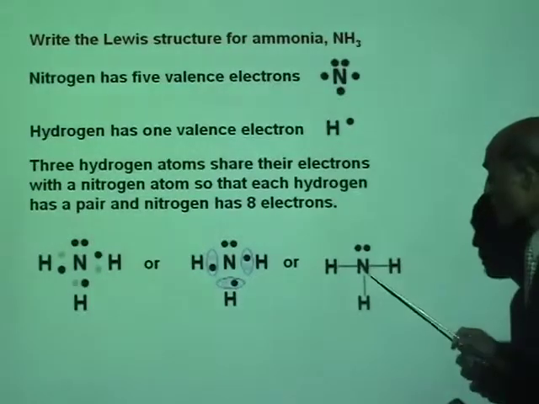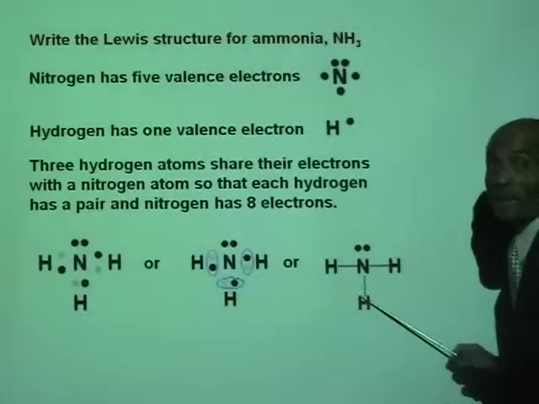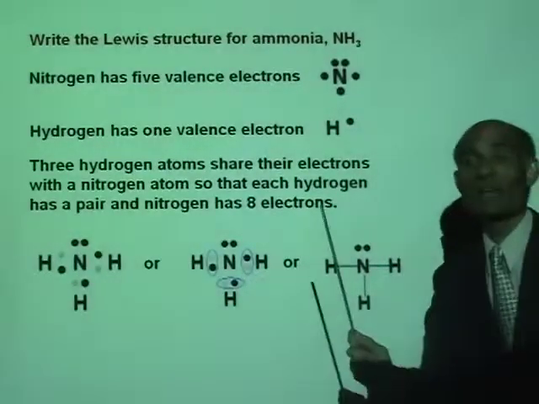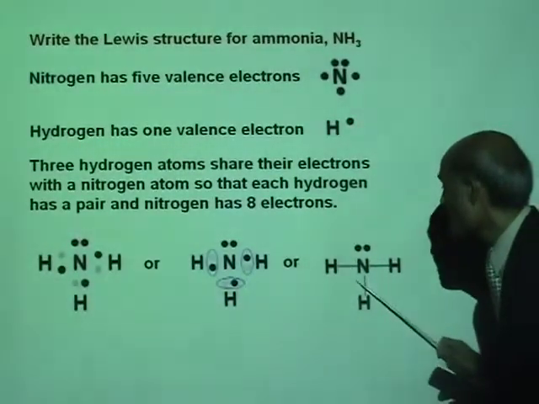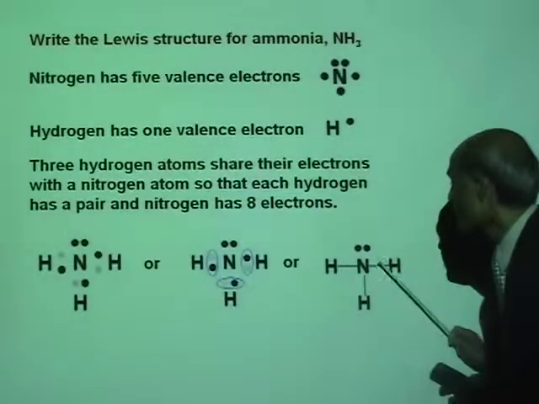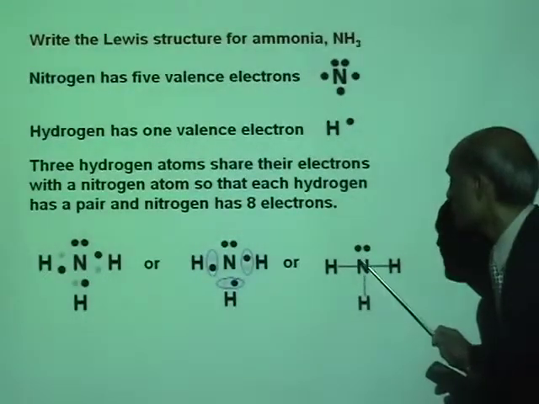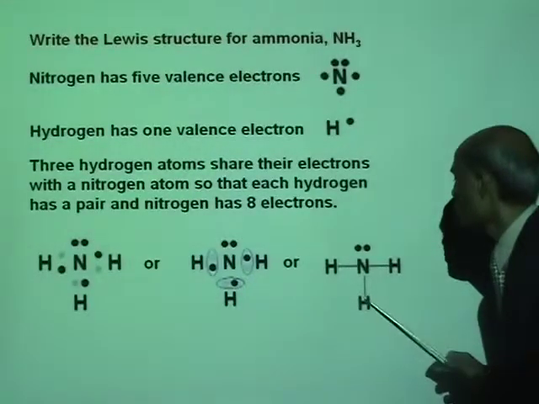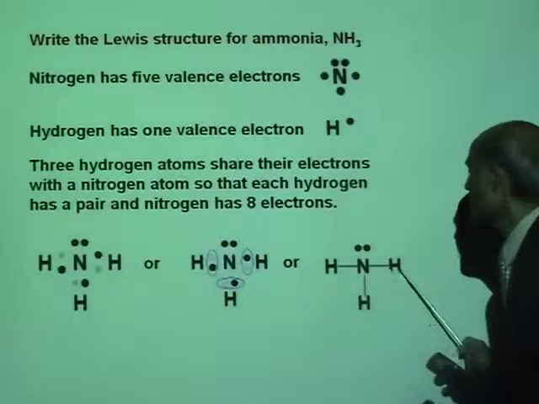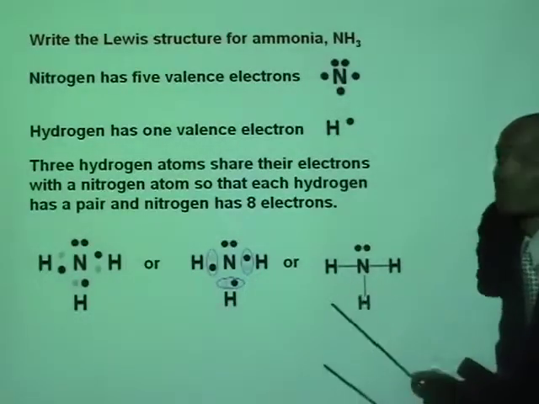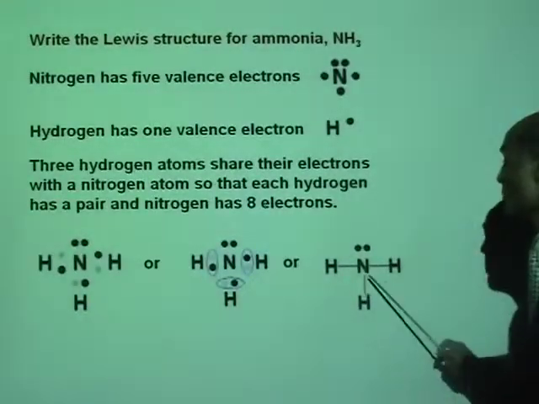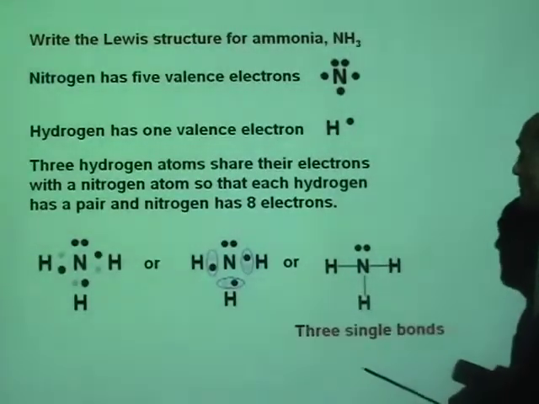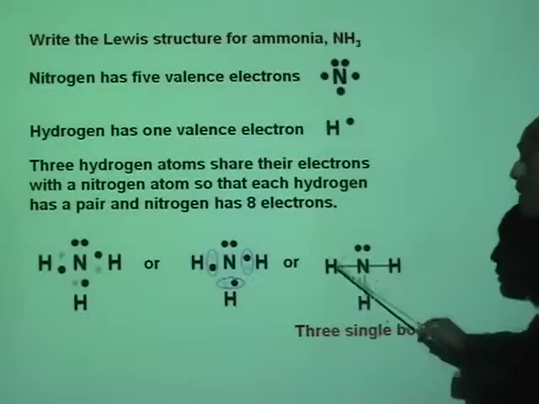These 2 are horizontal lines, this is a vertical line, where that single line represents 1 pair of electrons. So there are 3 pairs of electrons shared by this nitrogen, and this hydrogen shares that pair, this hydrogen shares that pair, this hydrogen shares that pair. So everybody is happy. We have a compound NH3. That's 3 single bonds.